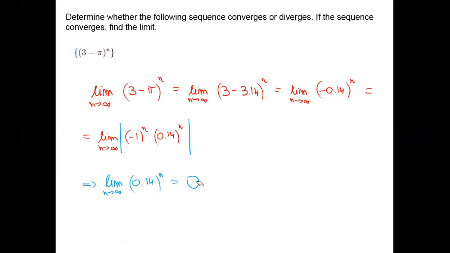If the absolute value is 0, then the original one is also 0. That means the sequence is convergent to 0.